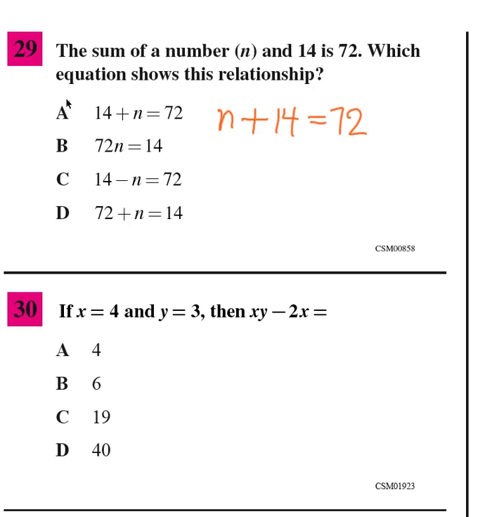The answer is A. 14 plus n is the same as n plus 14 by the commutative property.